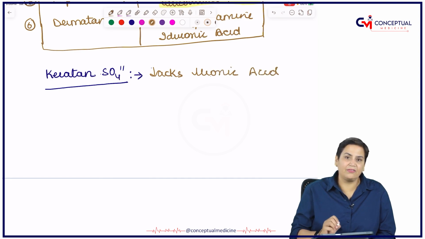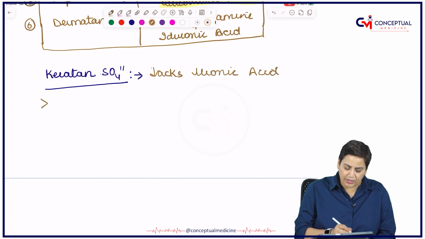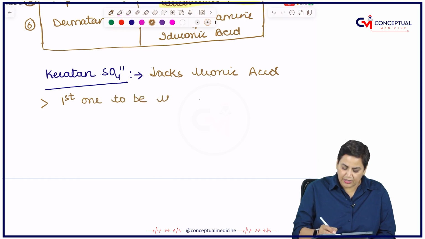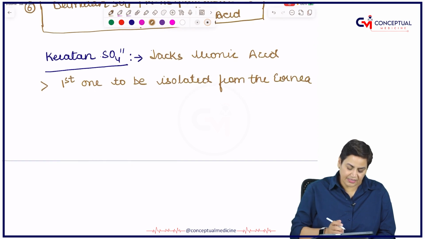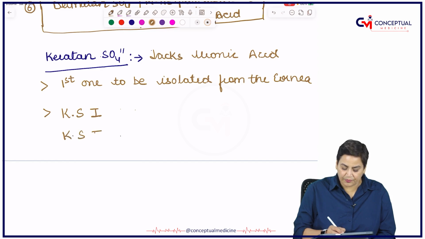And keratan sulfate was the first mucopolysaccharide to be isolated, from the cornea. This keratan sulfate is of 2 types, keratan sulfate 1 and keratan sulfate 2.